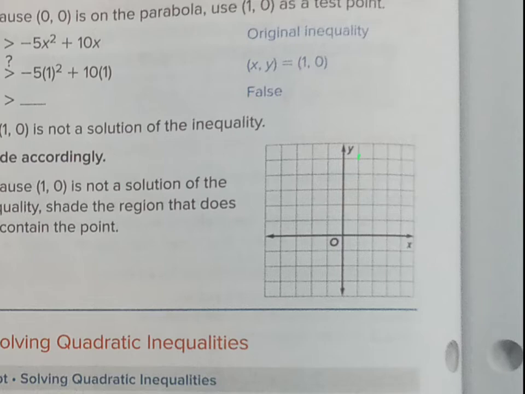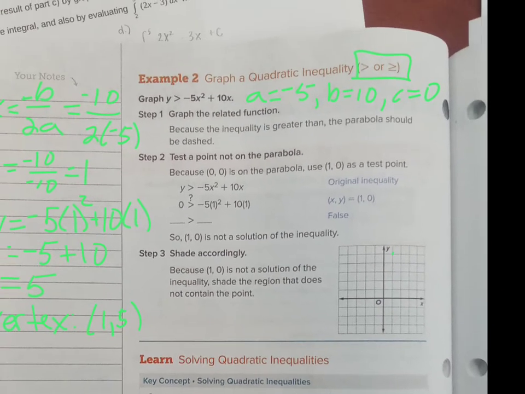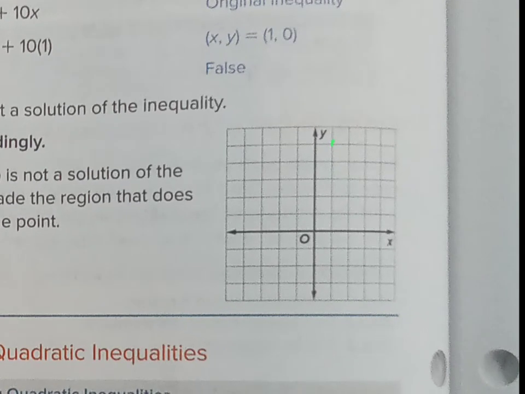Now, some other things that this function is telling us is that because a is negative, this is opening down. We see that, right? There is no c value. Our c value is 0. So again, that's where it crosses the y-axis. So it's all the way down here at (0, 0).